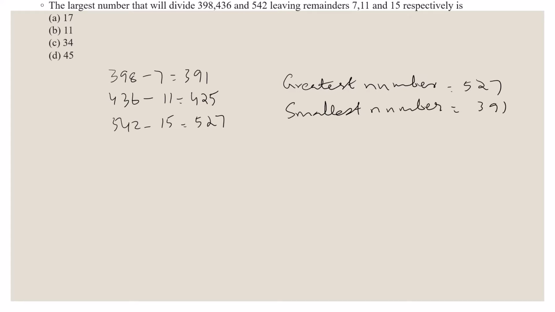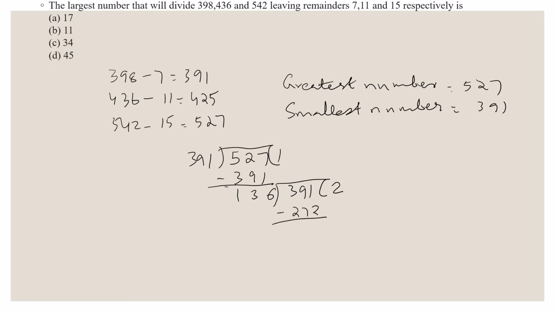Now we are going to go for the long division method. 527 divided by 391. So it will go one time. So 391 subtract, you will get 136. Again, you can divide 391 by 136. So it will go two times. So it will be 272. Subtract and you will get 119.